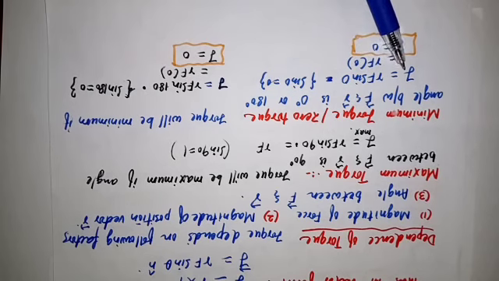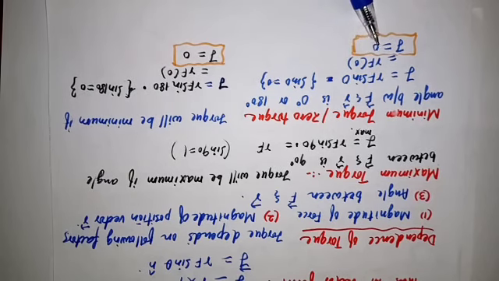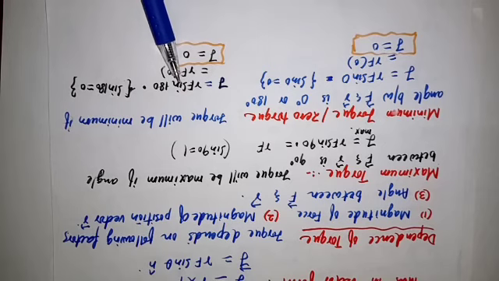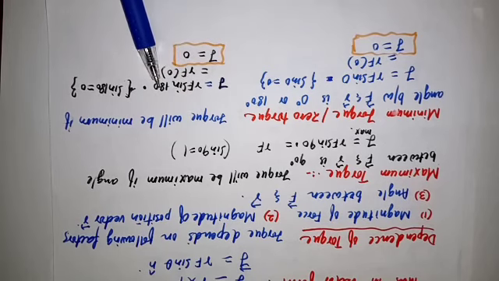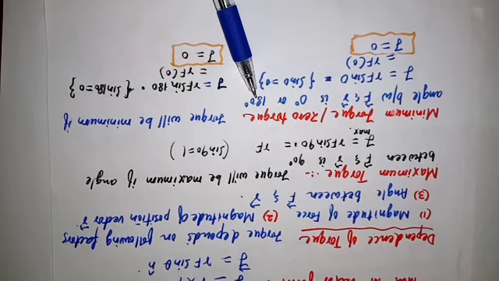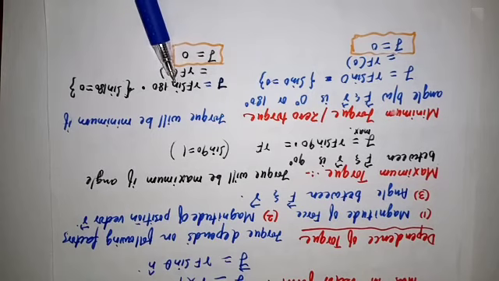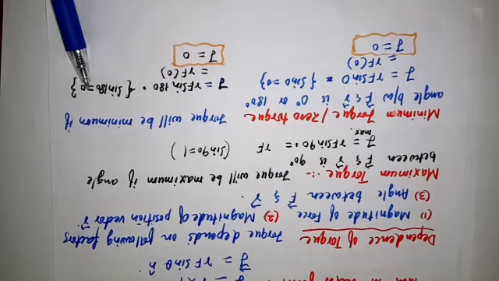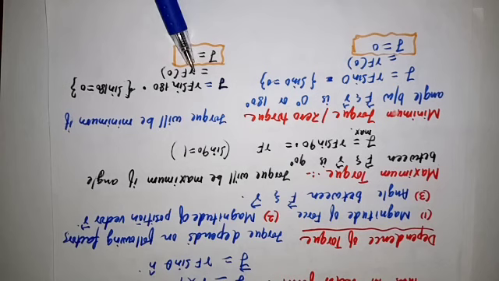So torque will be r F into 0, which means 0. Similarly, for the anti-parallel case of 180 degrees, sine 180 is 0. So torque will be r F sine 180, which is 0, and torque will be 0.